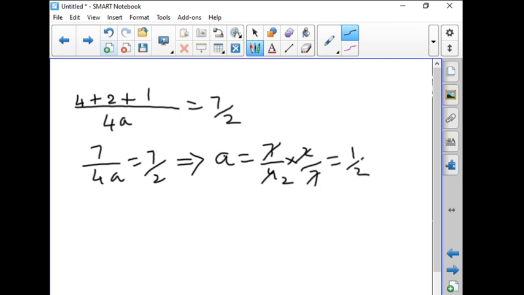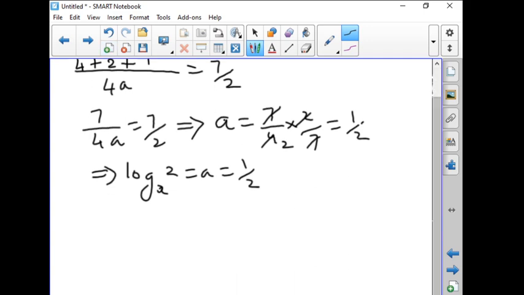And what is a? A is log 2 to the base x, and this is equal to 1 by 2. So now this is in logarithmic form, so we will write it in exponential form. Writing in exponential form, we get x power 1 by 2 is equal to 2.